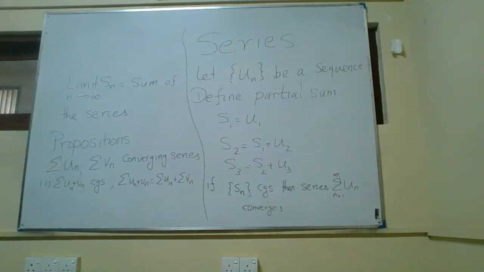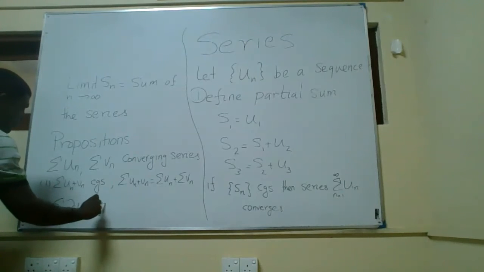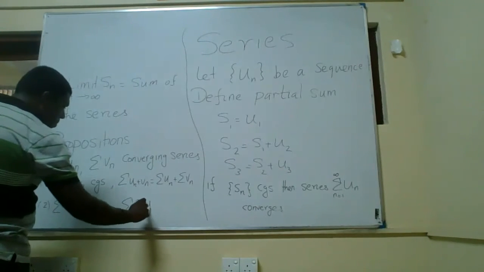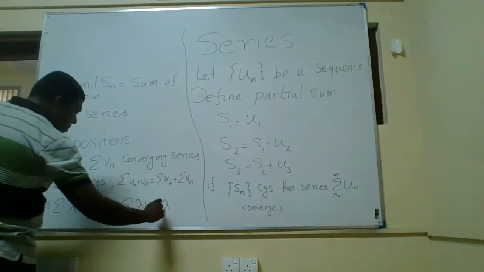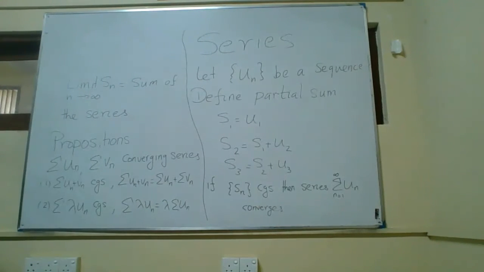And the second one is when you multiply by a constant number: summation of lambda times un is the same as lambda times summation of un. So we have two results.